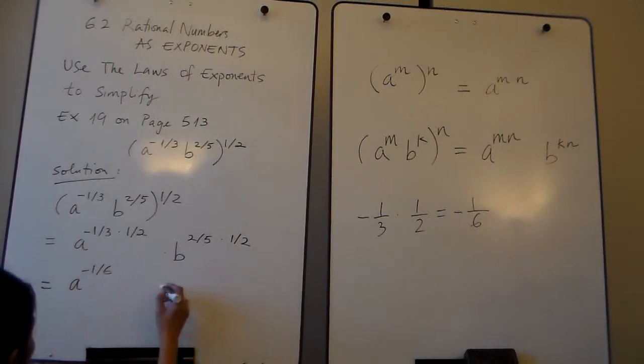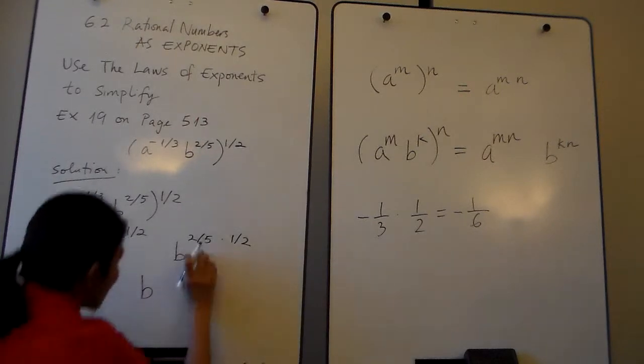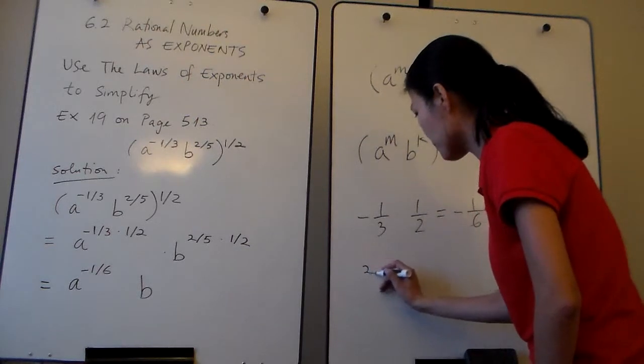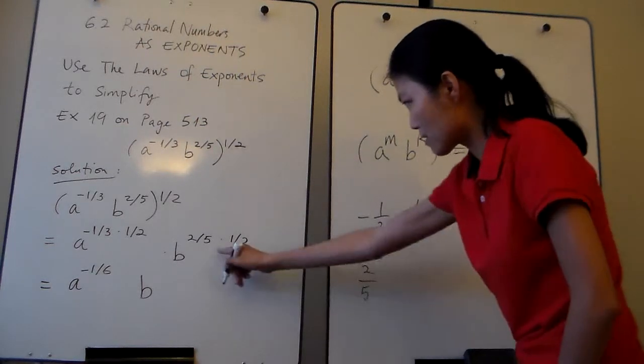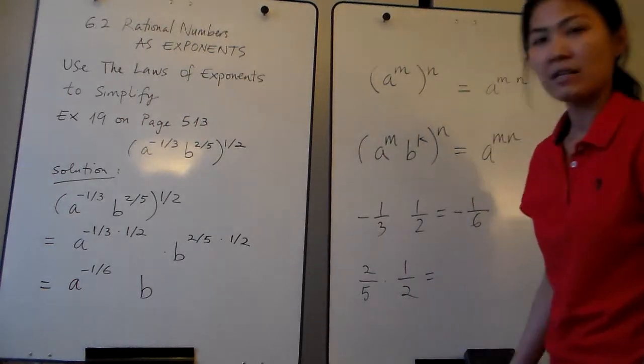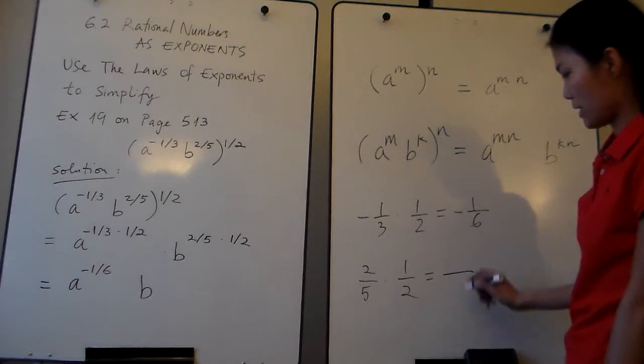Well, this B right here, you have the product 2 divided by 5 times 1 divided by 2, and you can simplify this to 2 times 1 is 2.